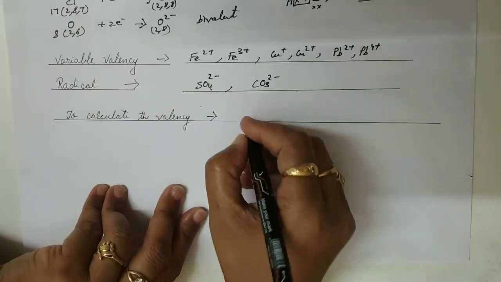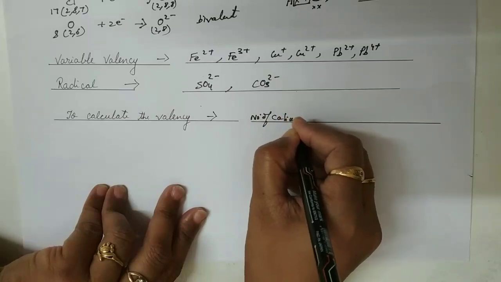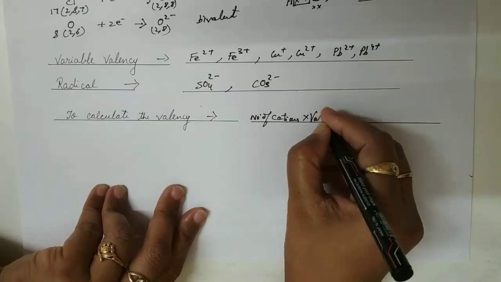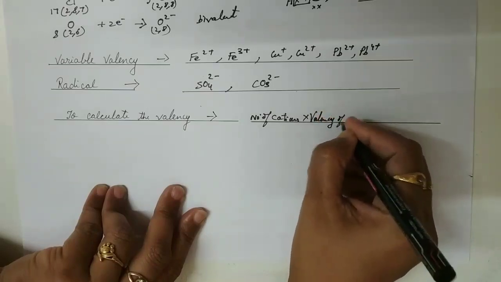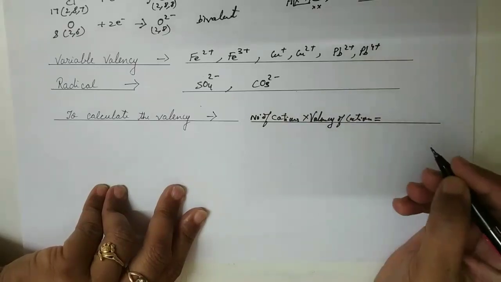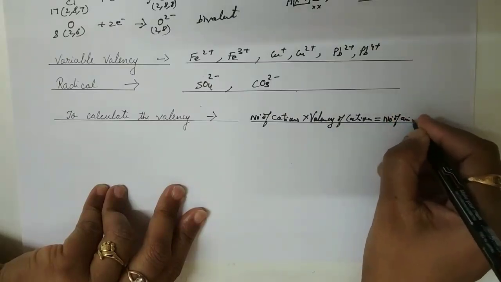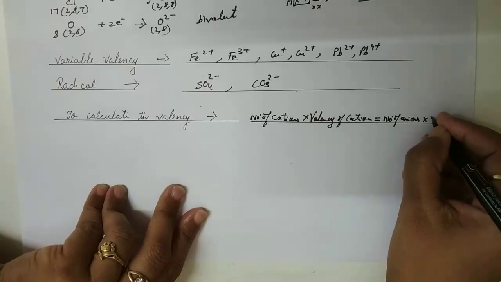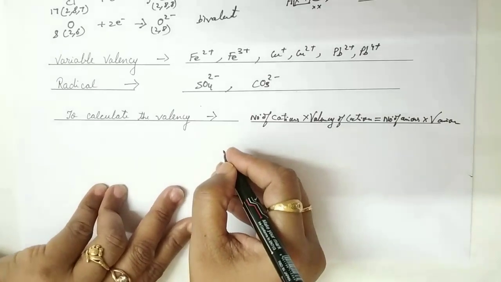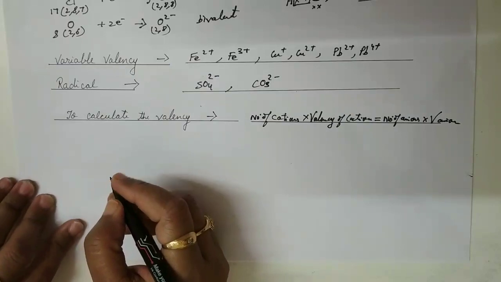By the formula, number of cations into valency of cation is always equal to number of anions into valency of the anion. It will become very easy when I show you with one example.